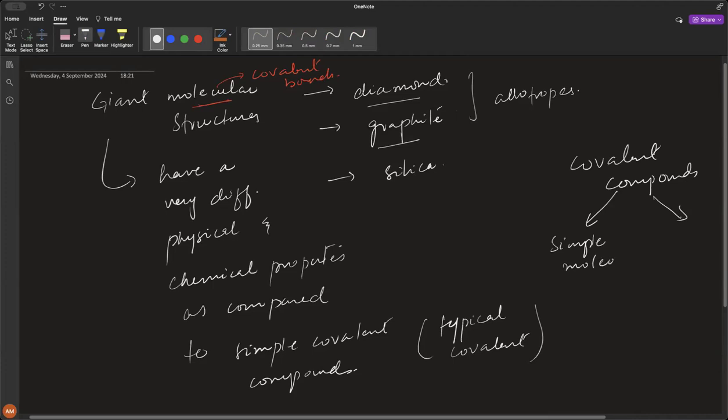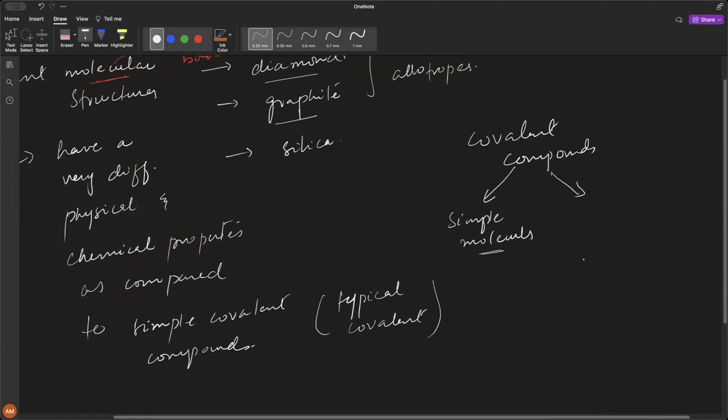There are simple molecules. The word molecule should be understood as talking about the covalent compound. And then we have giant molecular structures. All right, you get it? Simple covalent molecules and giant covalent molecules.